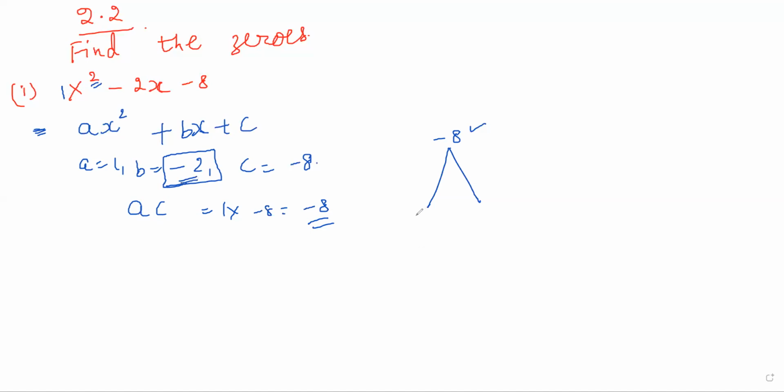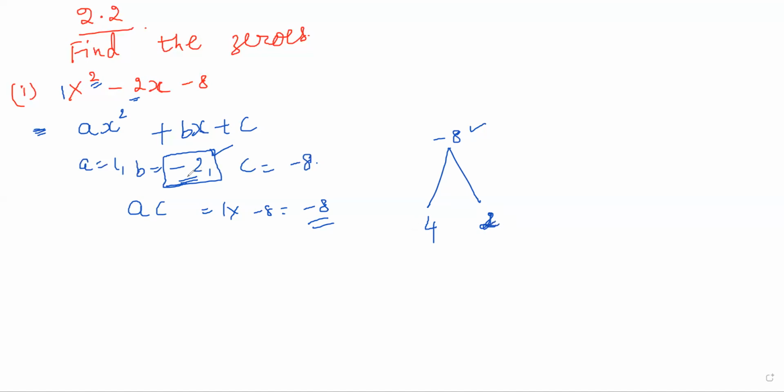So which are the two numbers? Say the multiples of 8, children. 4 twos are 8. And here we have to get minus 2. 4 minus 2 gives 2, but we have to get minus 2. Here the product is minus, so one of the numbers should be minus only.